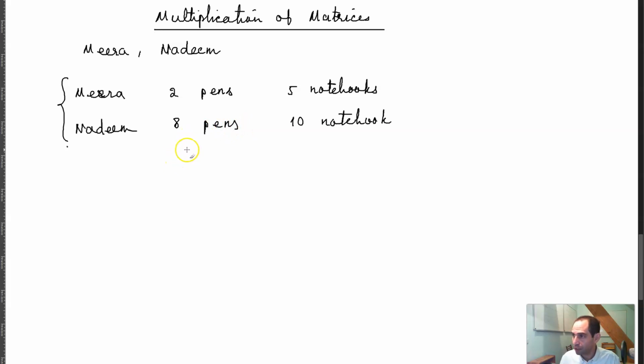The shopkeeper tells them that a pen costs 5 rupees, and a notebook costs 50 rupees.